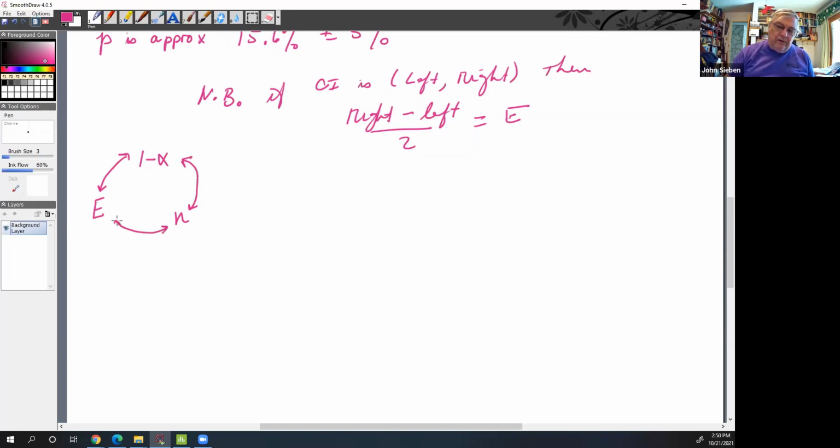So if you're required to come up with an estimate of anything, and you're required to have high confidence, that is 1 minus alpha close to 100%, and a small margin of error, E small, then be prepared, N is going to have to be large.